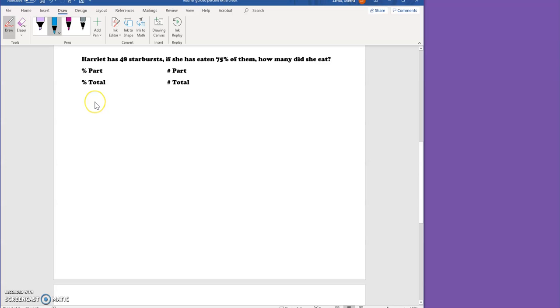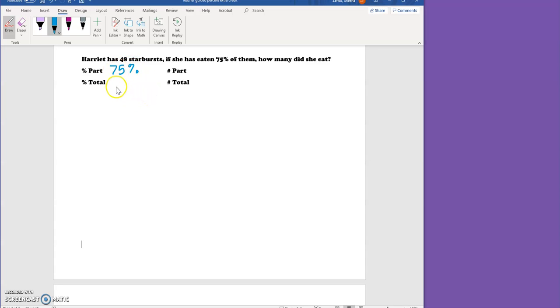Again, I'm still going to read through the information and try to fill in, is it a part, is it total, is it percent, or is it a number? So Harriet has 48 Starbursts and she's eaten 75%. How many did she eat? So I can fill in 75% because I know that's going to represent the part. Okay, she didn't eat all of the Starbursts.